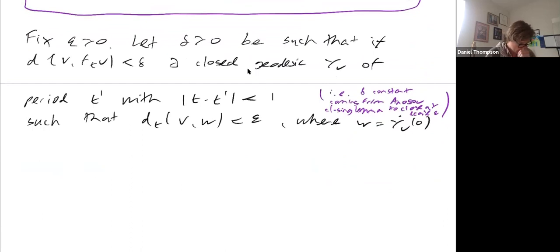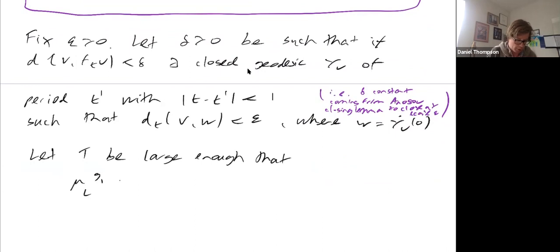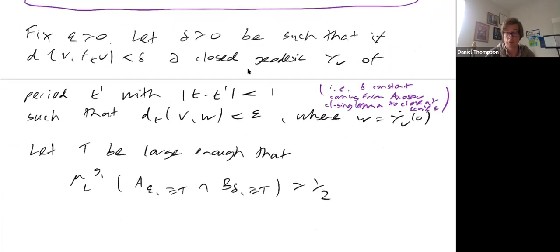So let T be large enough that the mu L at G1 of A epsilon greater than or equal to T intersects B delta is greater than 1/2. By the claim here, I just put in the relationship between the epsilon and delta that I needed. That's all I did.